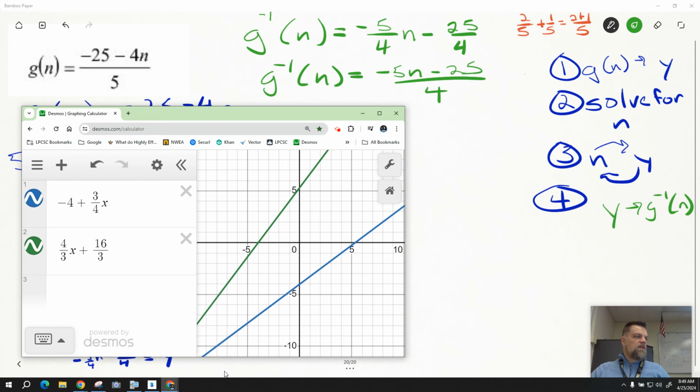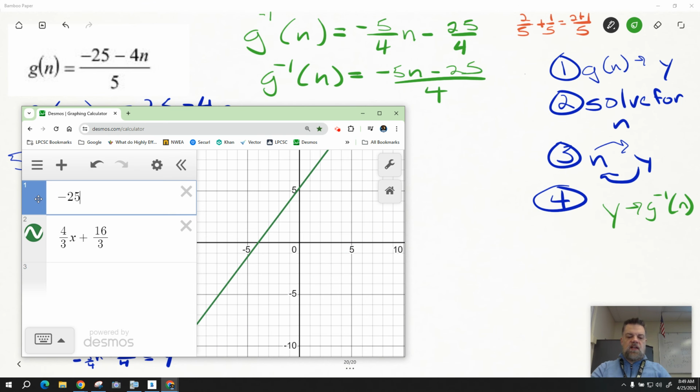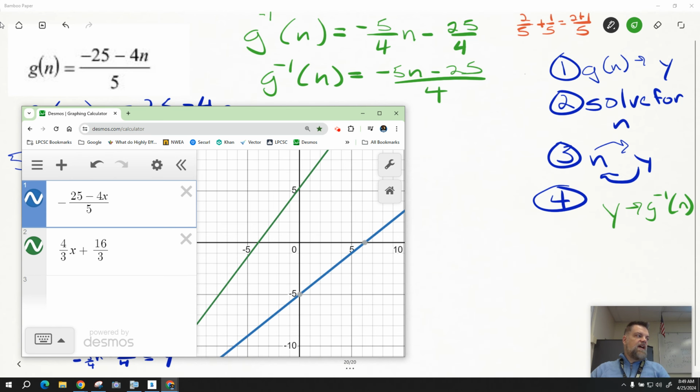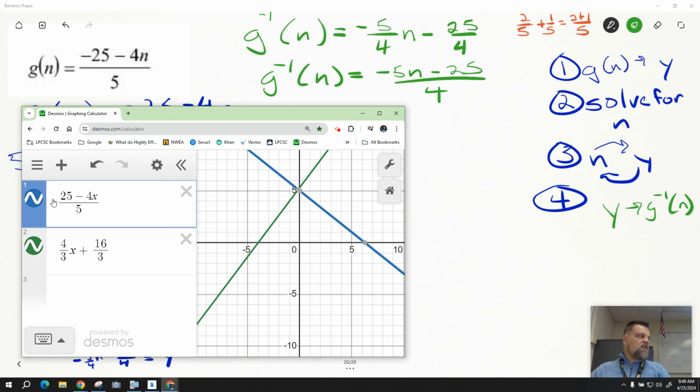So I've got negative 25 divided by 5. Oops, I got to put the minus 4. Now, unfortunately, in decimals, I got to put x instead of n. It's not unfortunate, it's just the way it is. And this has a negative here. I don't want the negative here. The negative has to go on the top. It'll make the graph different.